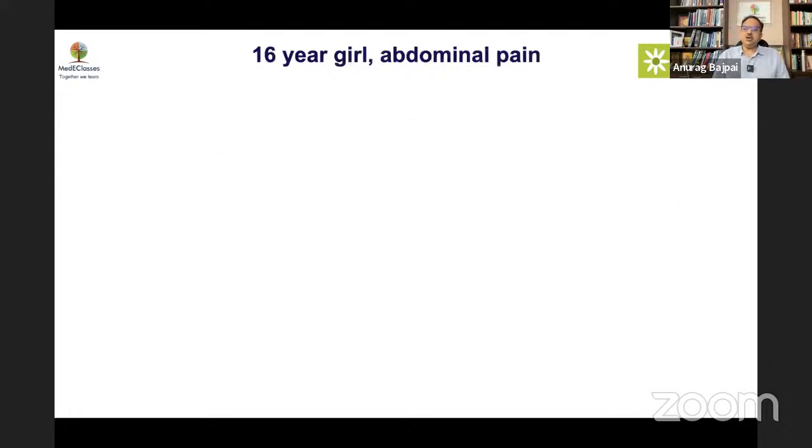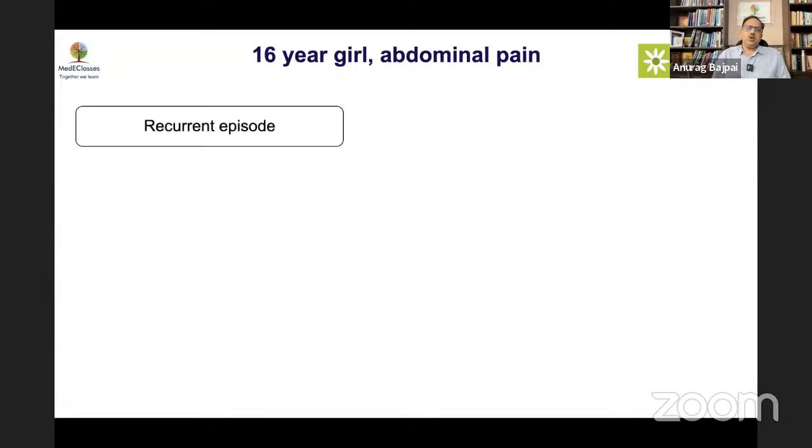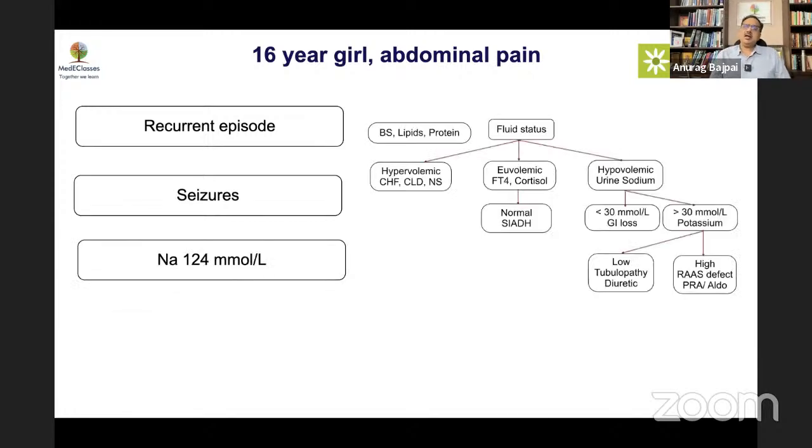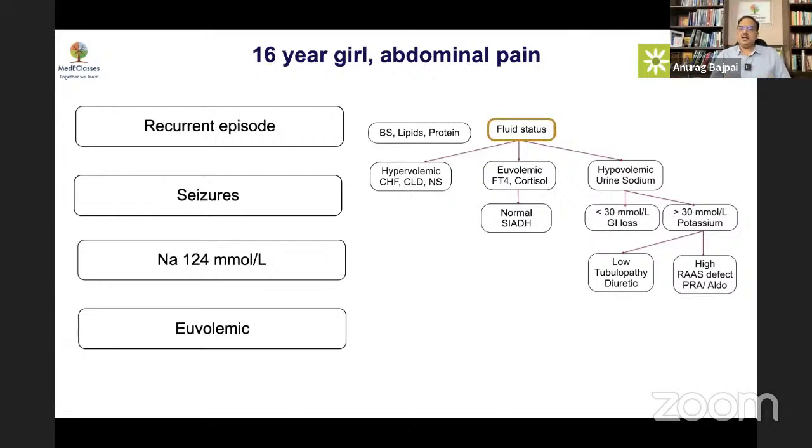We had a 16-year-old girl with abdominal pain who had recurrent episodes of pain and again developed seizures during admission. This time she had hyponatremia, was euvolemic, and was clinically fitting into SIADH. So it was pretty clear that this is SIADH, but your diagnosis does not end there. You have to look at a cause.